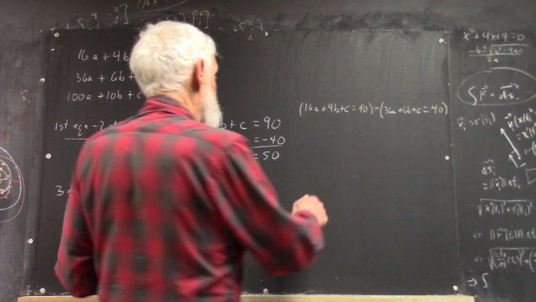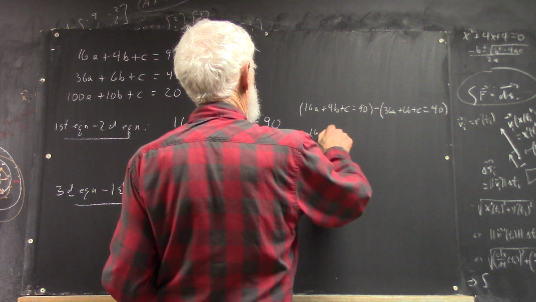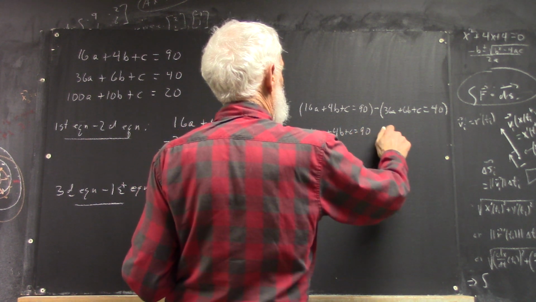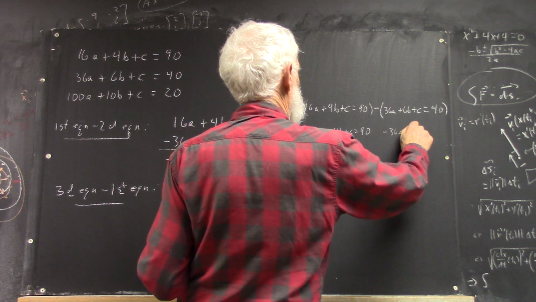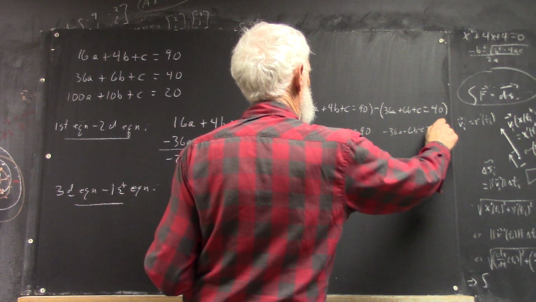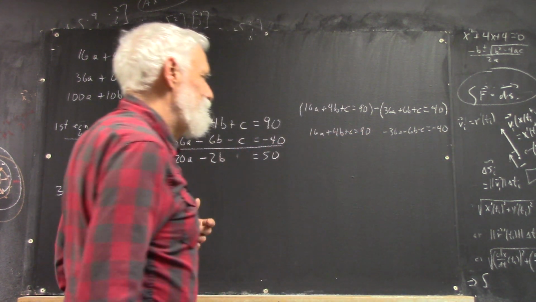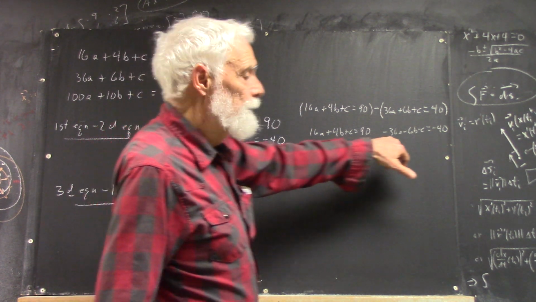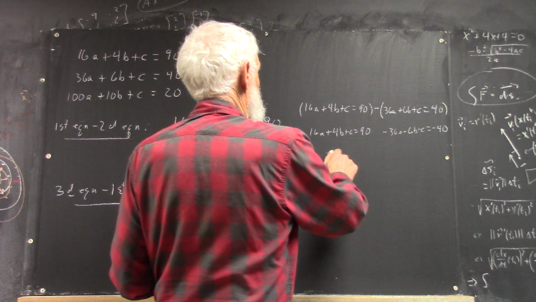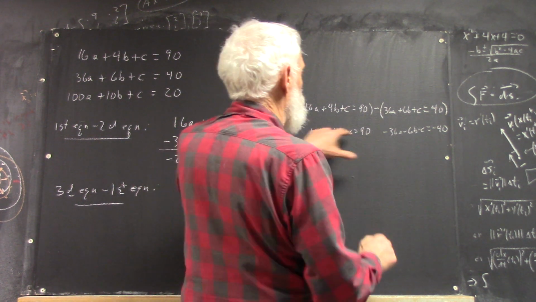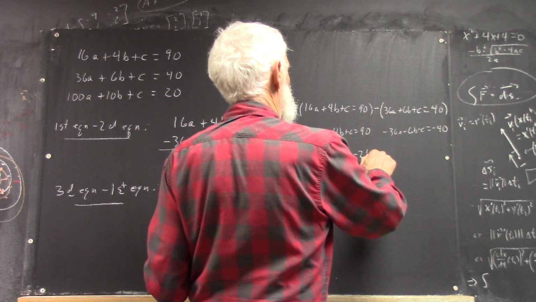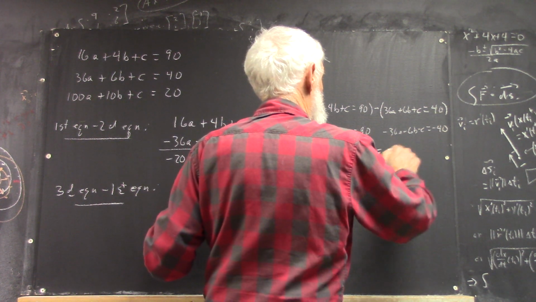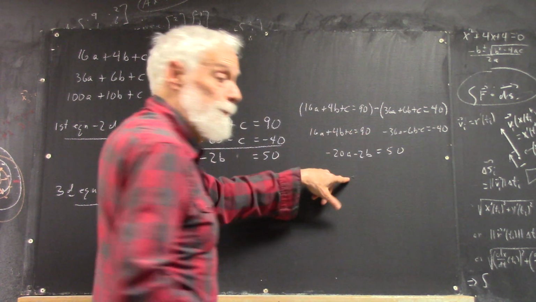Then you want to say, okay, well, I got 16a plus 4b plus c equals 90, and then I got minus 36a minus 6b minus c equals negative 40. So now I'd say I've got 16a minus 36a giving me negative 20a, 4b minus 6b giving me negative 2b, c minus c giving me nothing, and 90 minus 40 giving me 50. Same result.